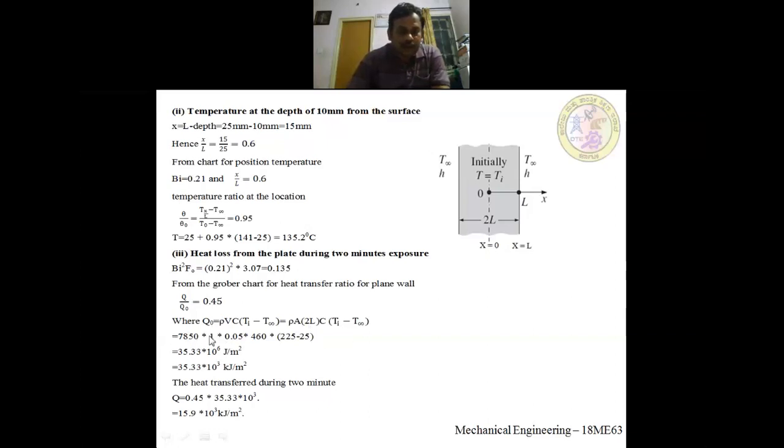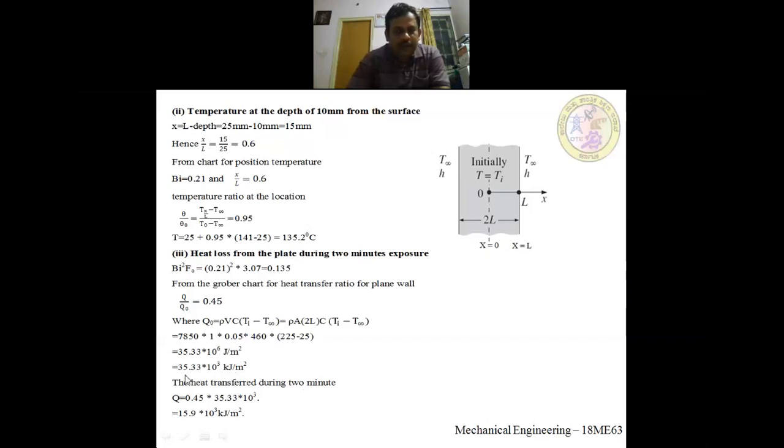Rho is given. Area we take as 1 meter square, and total thickness is 0.05 meters. C specific heat is 460. Ti initial temperature 225 minus 25. You get this value in joules, so divide by 10 power 3. Answer will be kilojoules per meter square.